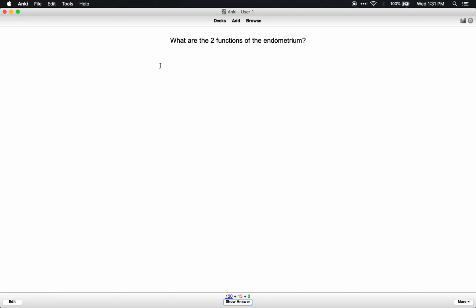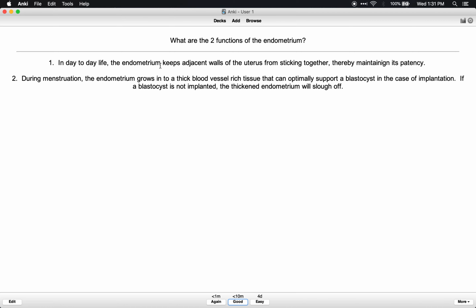Two functions of the endometrium. It keeps adjacent walls of the uterus from sticking together, thereby maintaining its patency. And during the cycle it grows into a thick, blood vessel-rich tissue that can optimally support a blastocyst in the case of implantation.